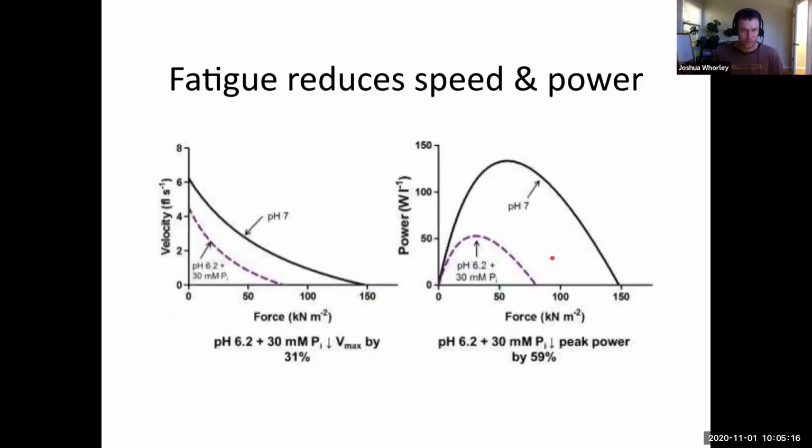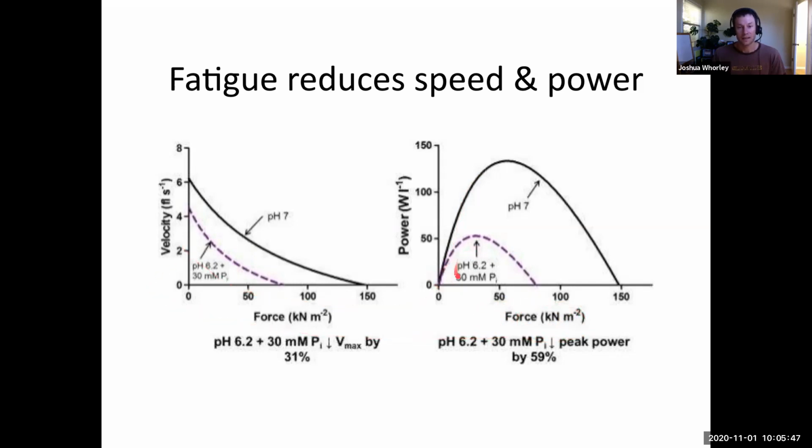Okay. This is just another look at speed, but also power. So this is looking at power here, the ability to move across some length, or across some distance, is a measure of power. And what I hope you can see here, and all that you really need to take away from this, is that at normal pH, there's this power that's related to the force that's generated, right?